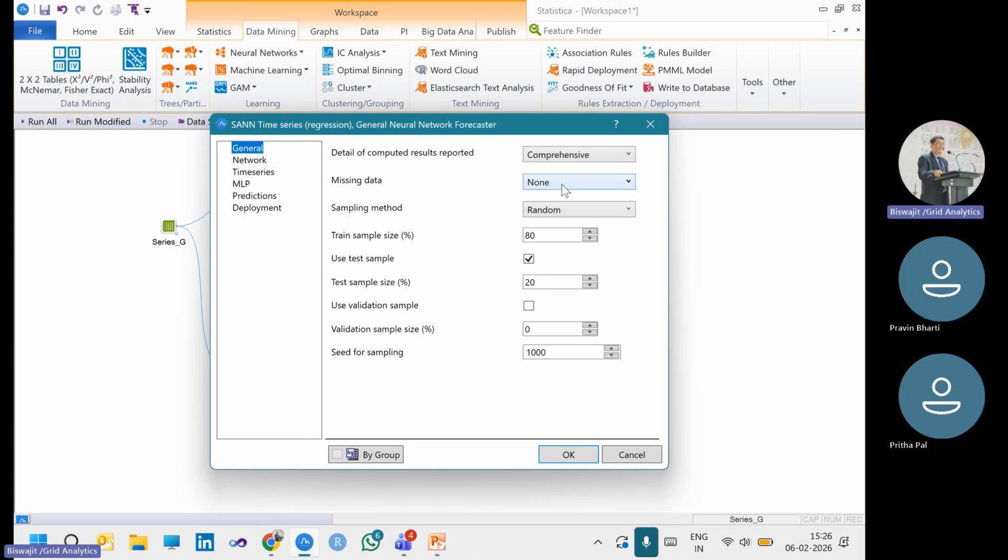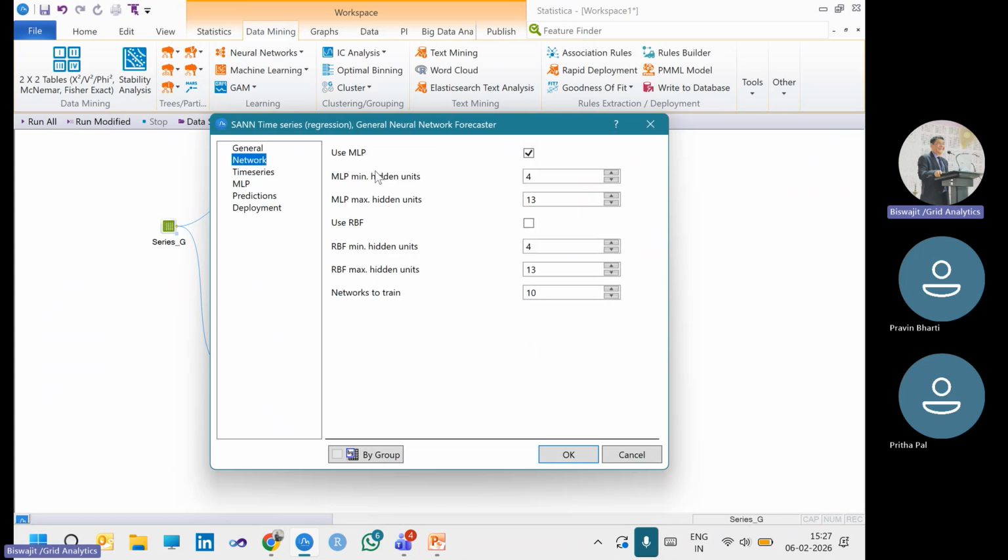I'll go with the comprehensive one. Missing data: since we do not have missing data, we can skip this, or we can apply the mean substitution. Sampling method: by default, it gives me random. We have another option also, sampling variable. Train sample size: we have split these 144 data points into 80% kept for training and 20% kept for testing.